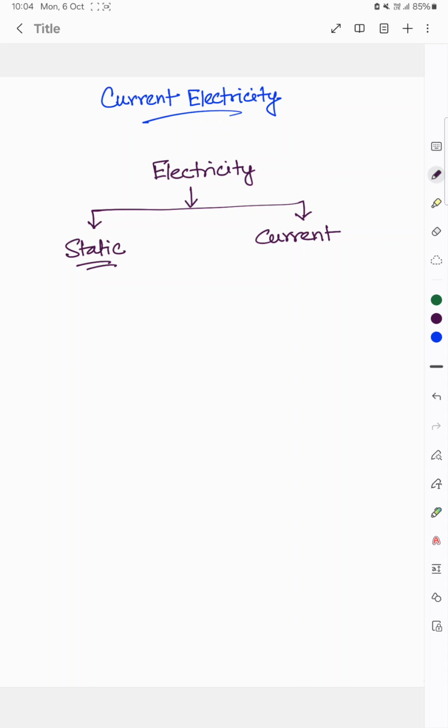Now, as you know, the charge on a body can be written in this form: charge is denoted as Q, that is equal to plus minus NE. What is N? N is the number of electrons in deficit for the plus sign and the number of electrons in excess for the minus sign.